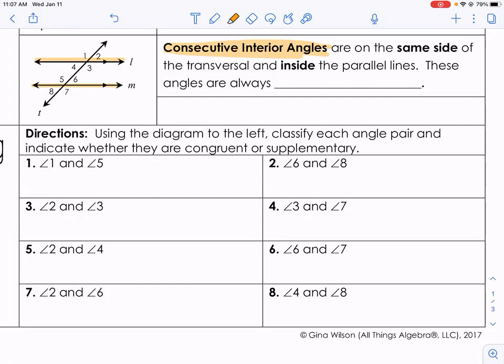Okay, back to back. All right, consecutive. So in this case, we're going to talk about being inside of our parallel lines, but instead of being on opposite sides, they're going to be on the same side as our transversal. Consecutives, they're back to back.